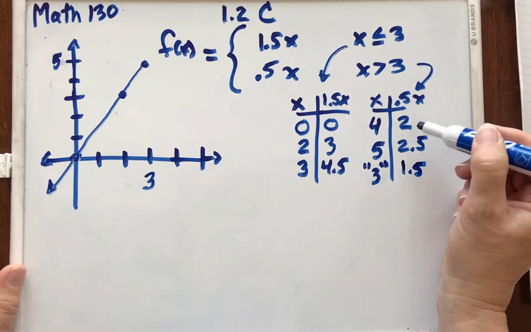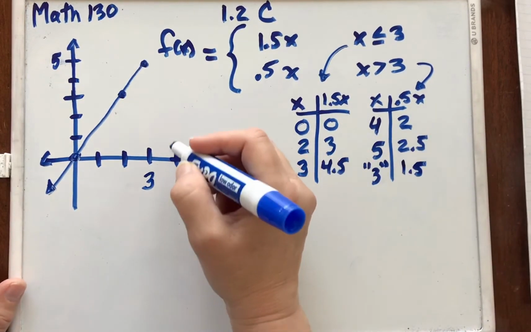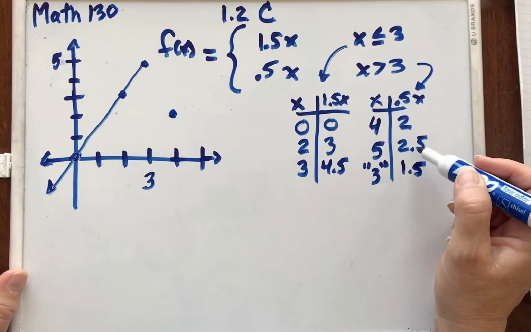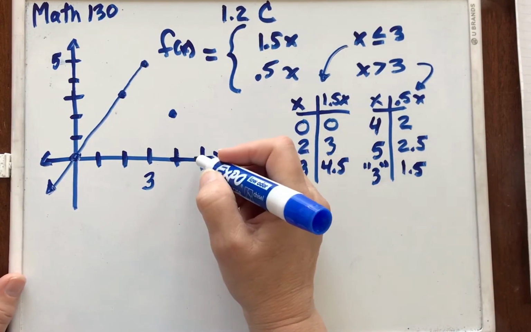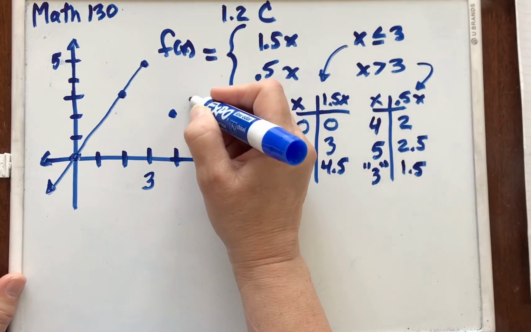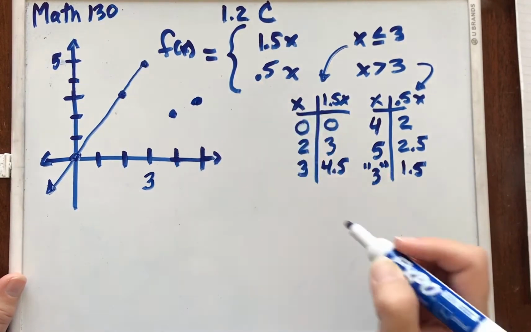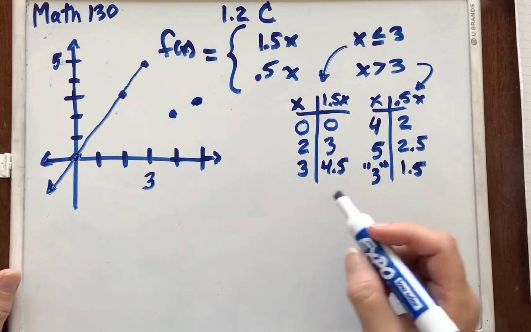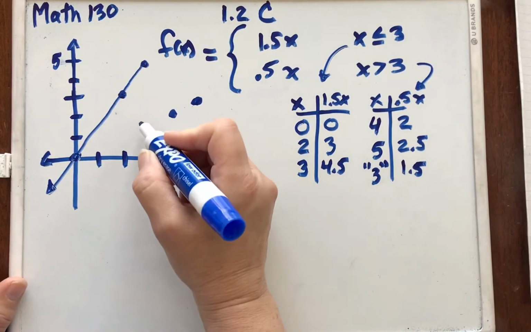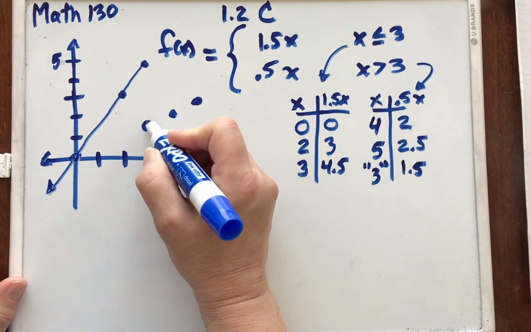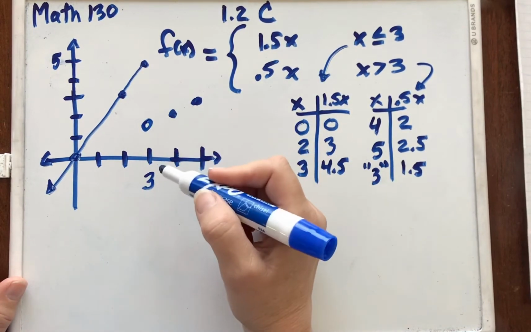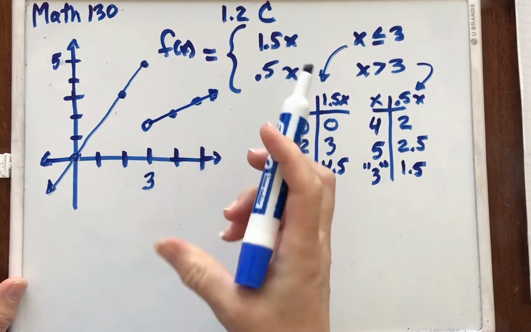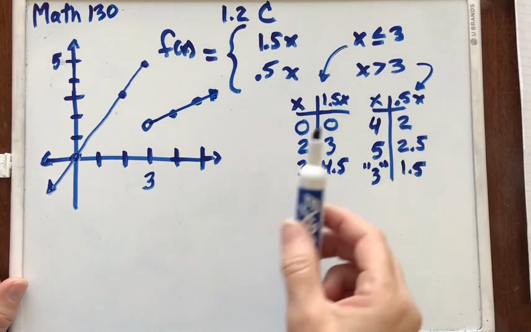So let's graph that now. 4, 2 goes right here. All right, 5, 2.5 goes right about here. Okay. Now, if we could go to 3, it would be 1.5. 3, 1.5 is where our open hole goes. All right, now we're going to draw our line this way because this represents all x greater than 3.